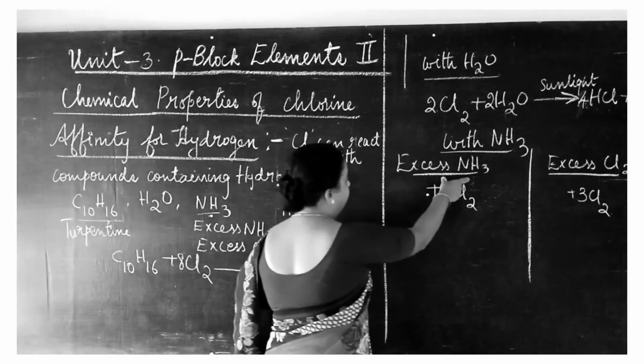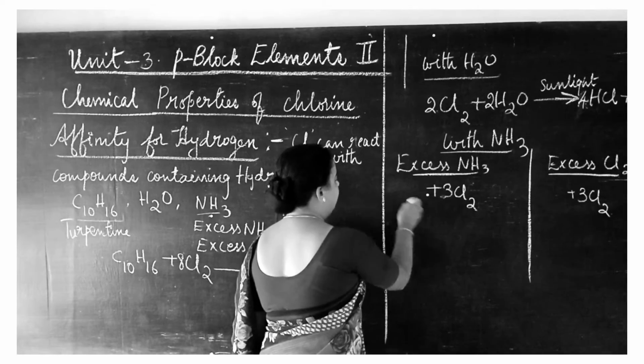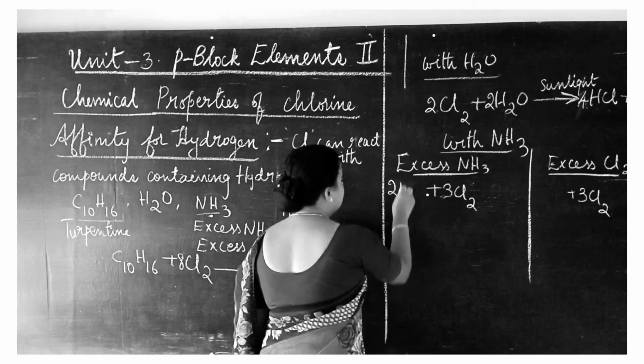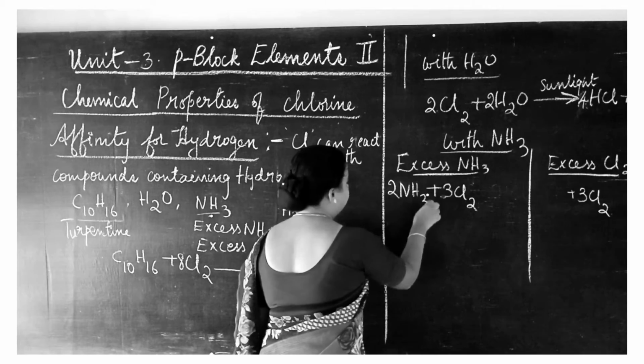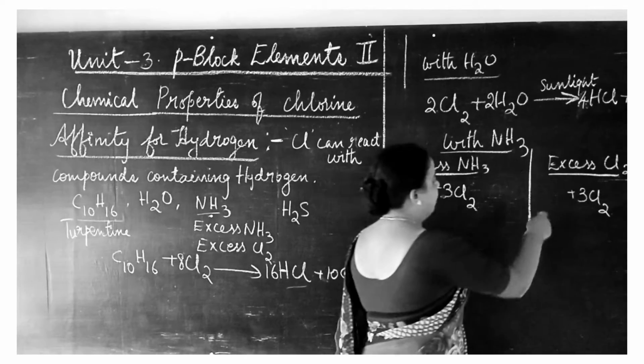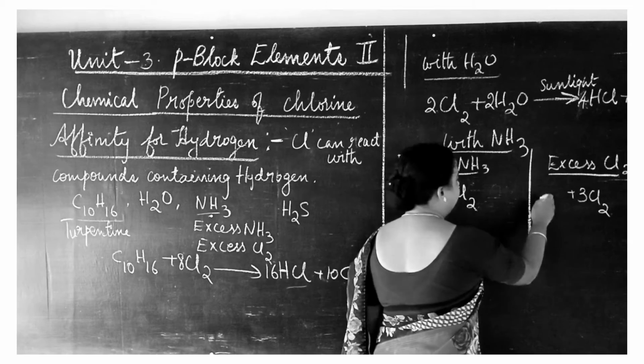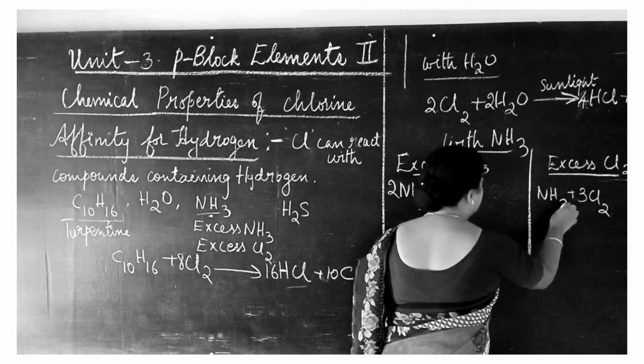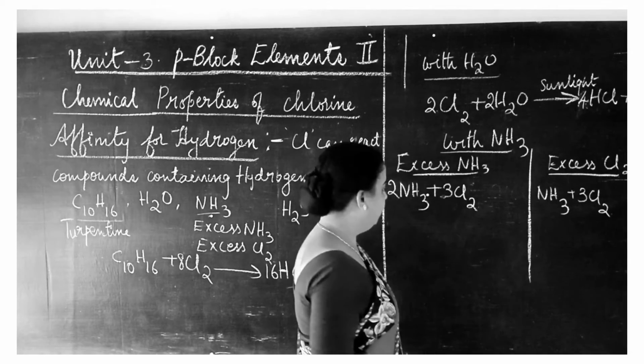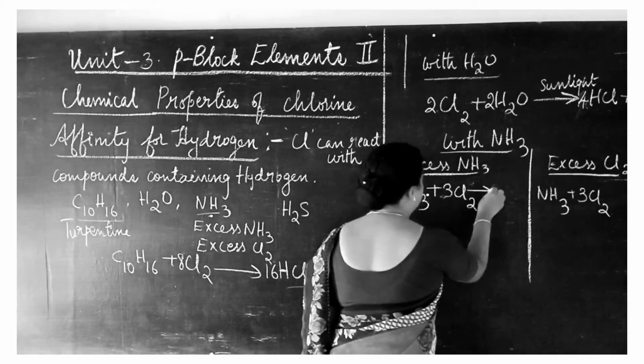Here excess of ammonia reacts with chlorine, so we write 2 ammonia. Whereas here excess chlorine is used, so we decrease ammonia and write NH3. Now let us see the products.